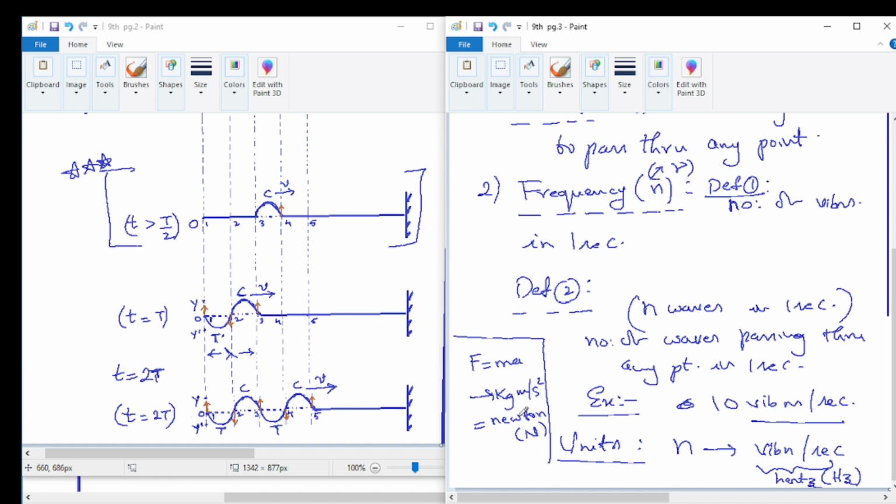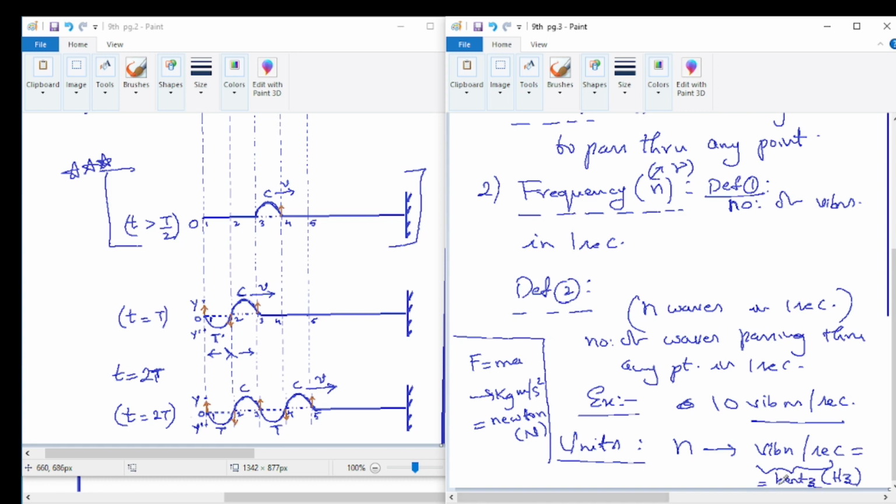So the unit of force, kilogram meters per second square, is called Newton because it's the name of a scientist. The symbol is written in capital letters and the full name of the unit is written in small letters. In the same way, the unit of frequency, vibration per second, is also called hertz.